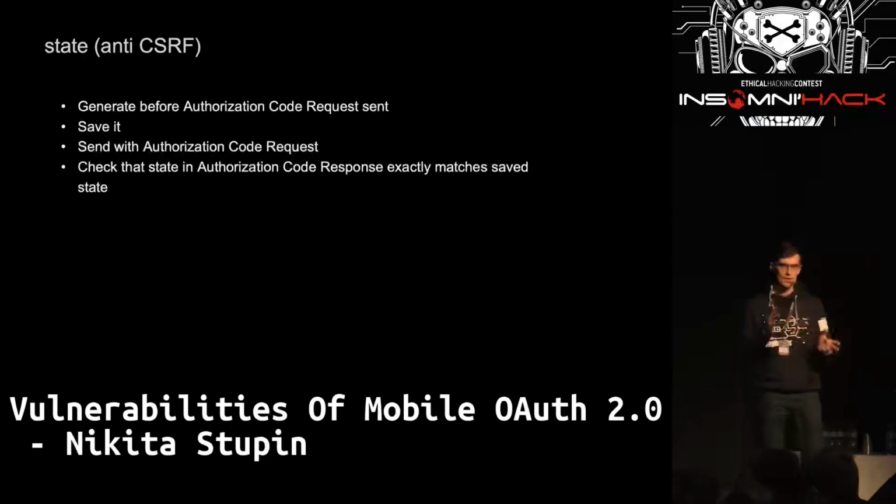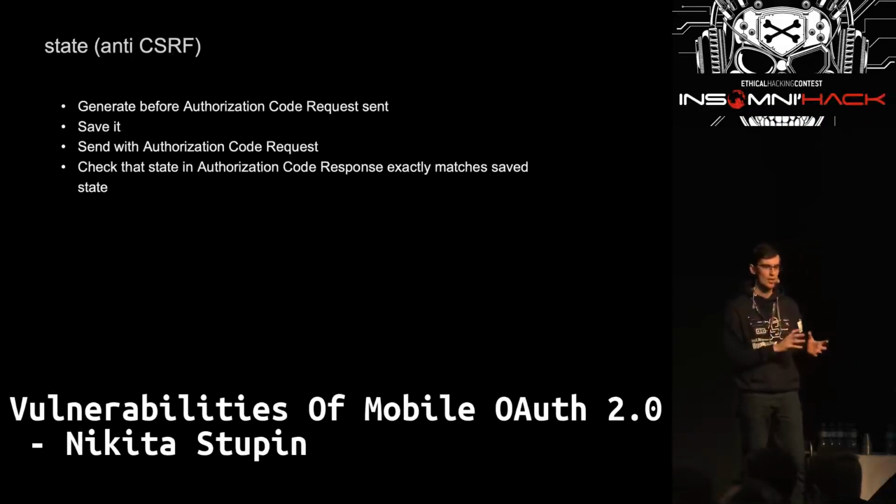And again, the defense is kind of similar to the code verifier, and this time we add a parameter called state. Basically it works this way. The client app generates state, adds it to the first request, and sends it to the server. The server does nothing with state, just copies and pastes it into the response and sends it to the client.